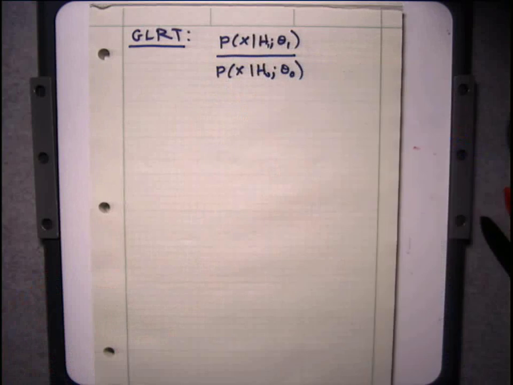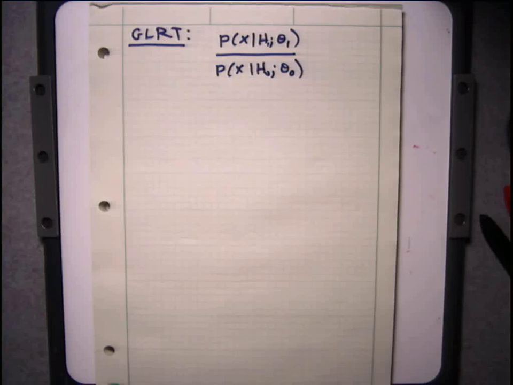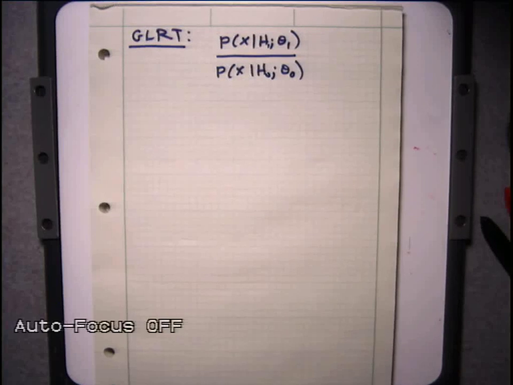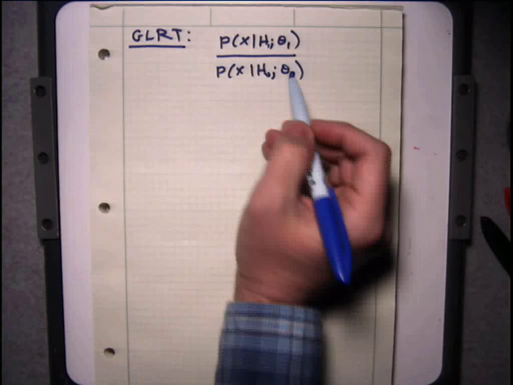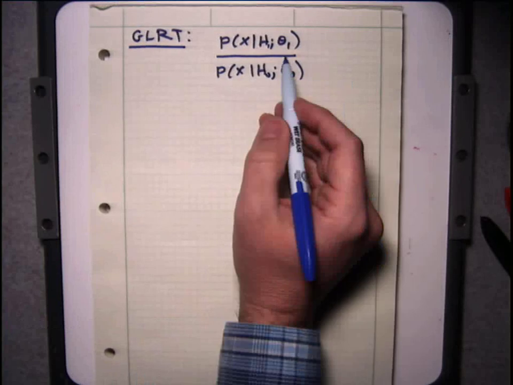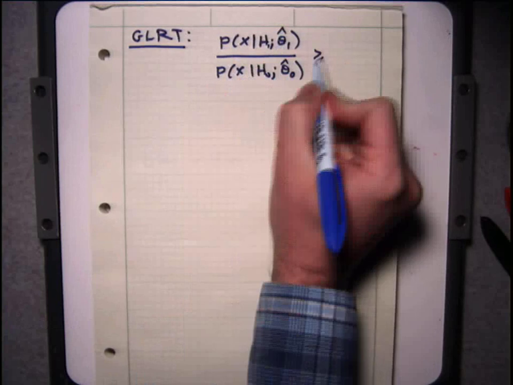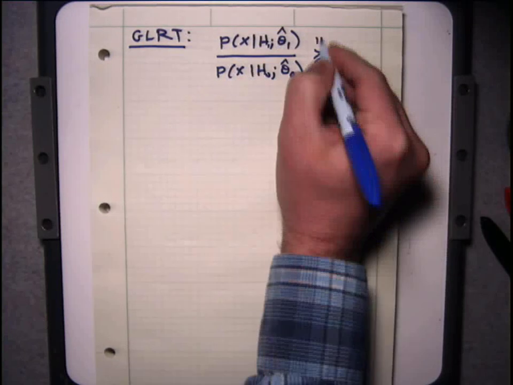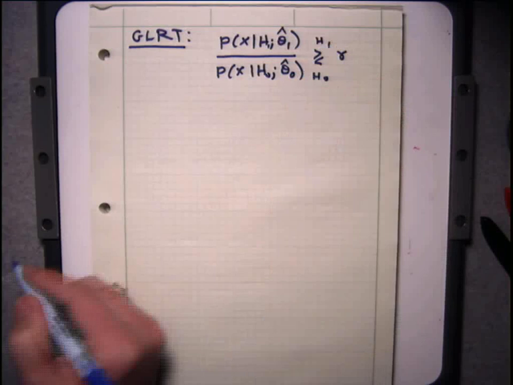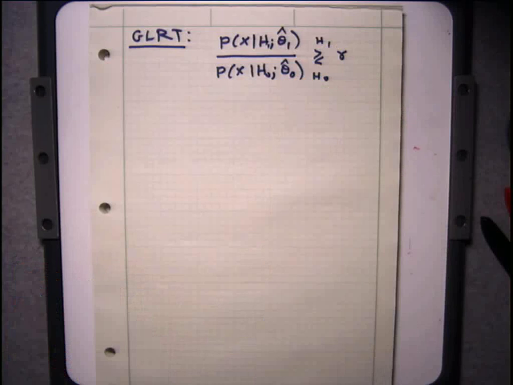In fact, the two parameters might be the entire signal itself. If these parameters are not known or the signal itself is not known, then what we would do is replace these with their maximum likelihood estimates and then compare this to a threshold to detect. And this is the generalized likelihood ratio test scenario.